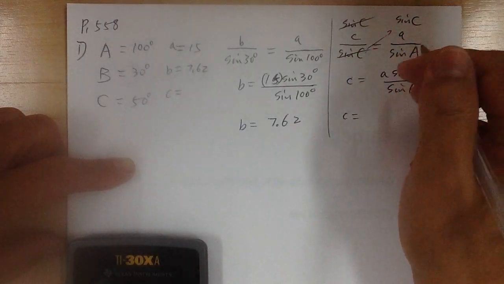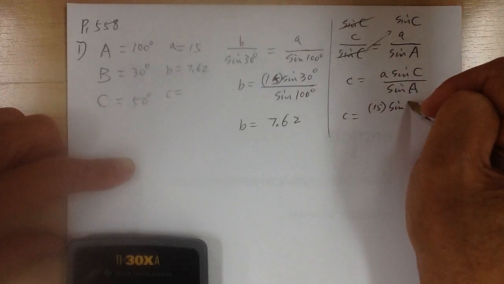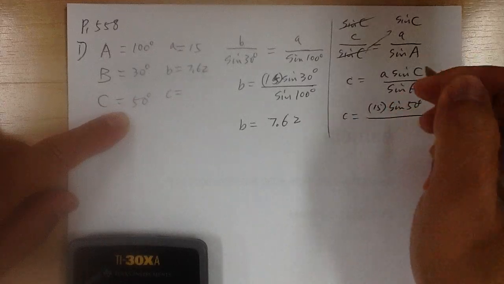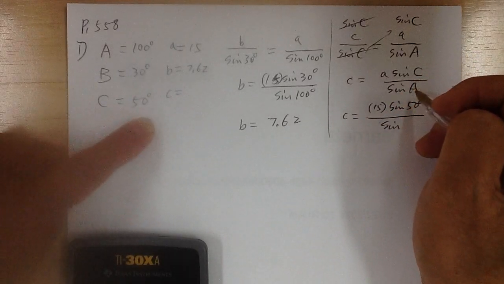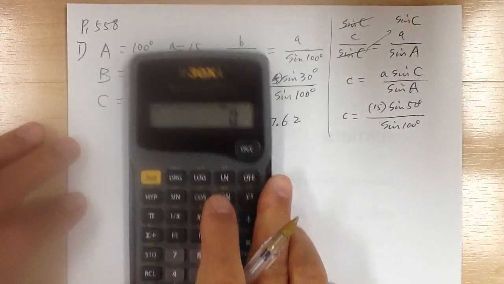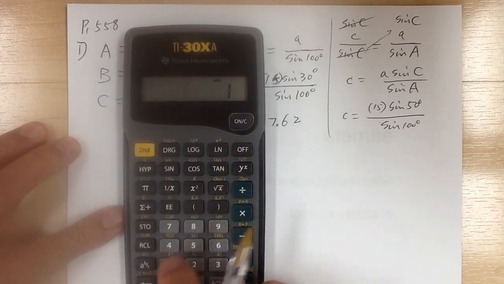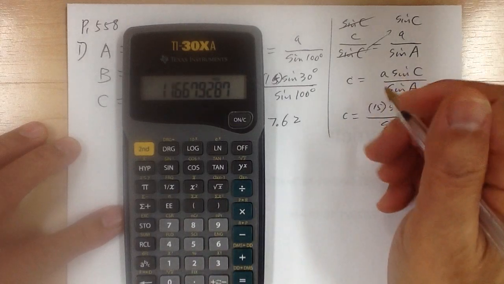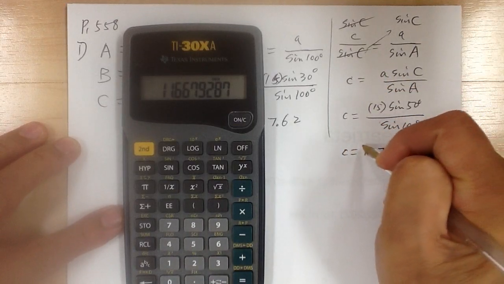Substitute in the numbers: 15 sine of 50 degrees over sine of 100 degrees. Enter all the numbers, so 15 times sine 50 divided by sine 100, and c equals 11.7.